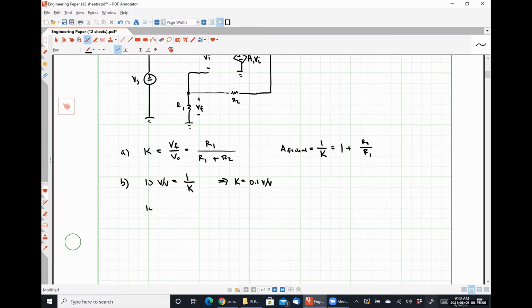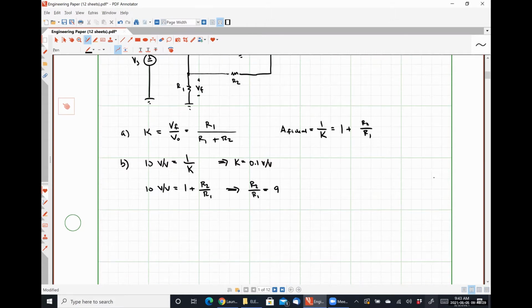We also know that 10 volts per volt is equal to 1 plus R2 over R1, and therefore the ratio of our resistances, R2 over R1, must equal 9. Again, we haven't done anything that we couldn't have done with our simple ideal op amp analysis to this point.